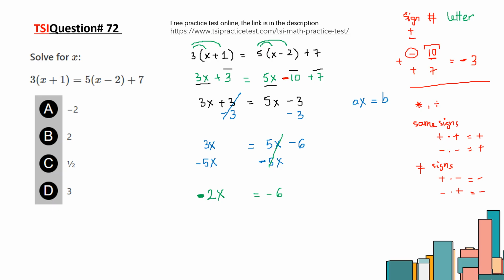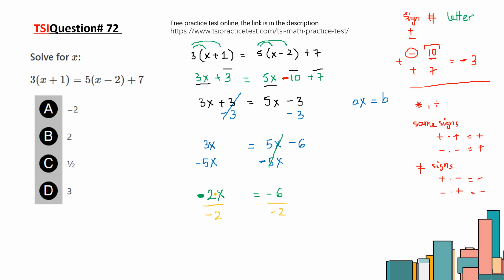So now we want to isolate x. How do we isolate x? We divide. Here we have multiplication. Minus 2x means minus 2 times x. We see the multiplication between a number and a letter. That number is called the coefficient. Negative 2 is called the coefficient of the x term. So we divide both sides by the same coefficient in front of x, which is negative 2.